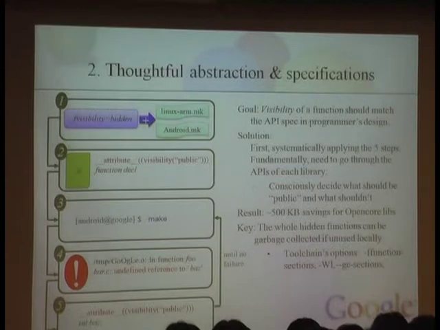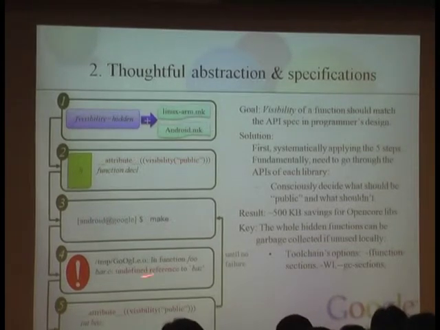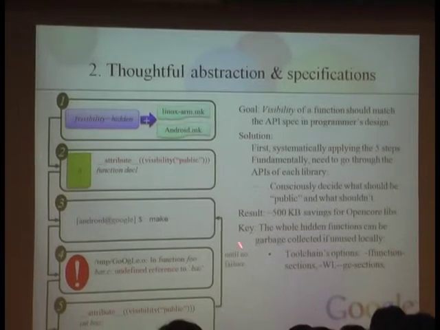If you are very familiar with your components and know which part is public, then you probably don't need to do much work here. You don't need to do a lot of iterative things.